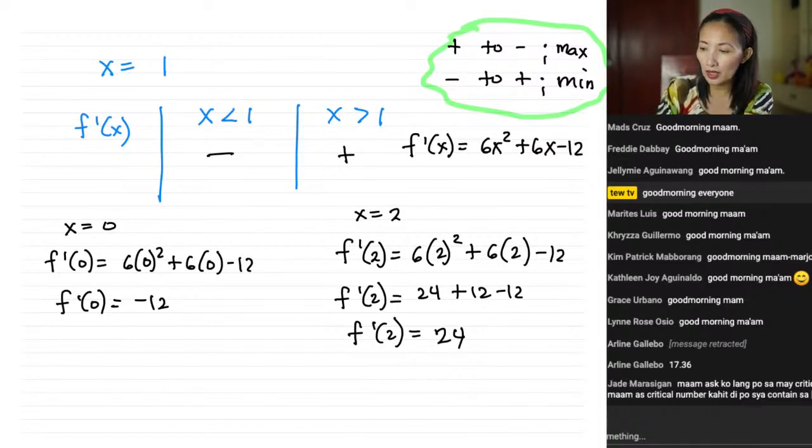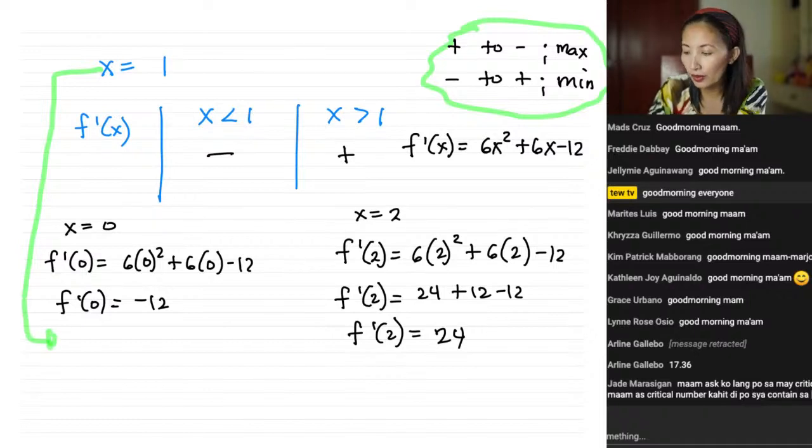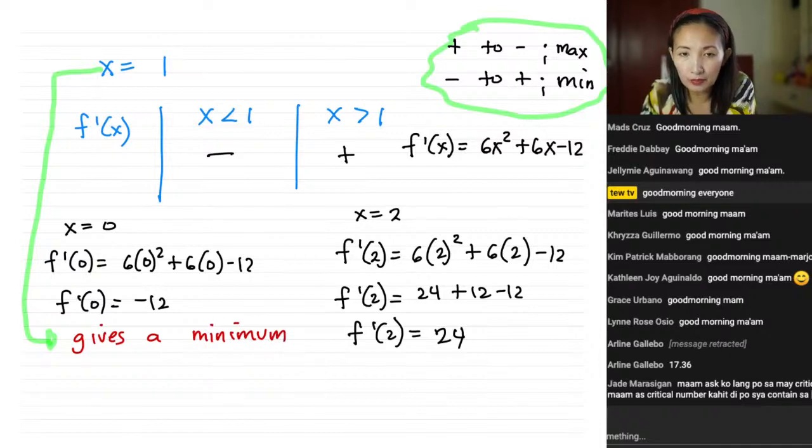Which means that this x value gives a minimum. The next question is, what is the minimum?